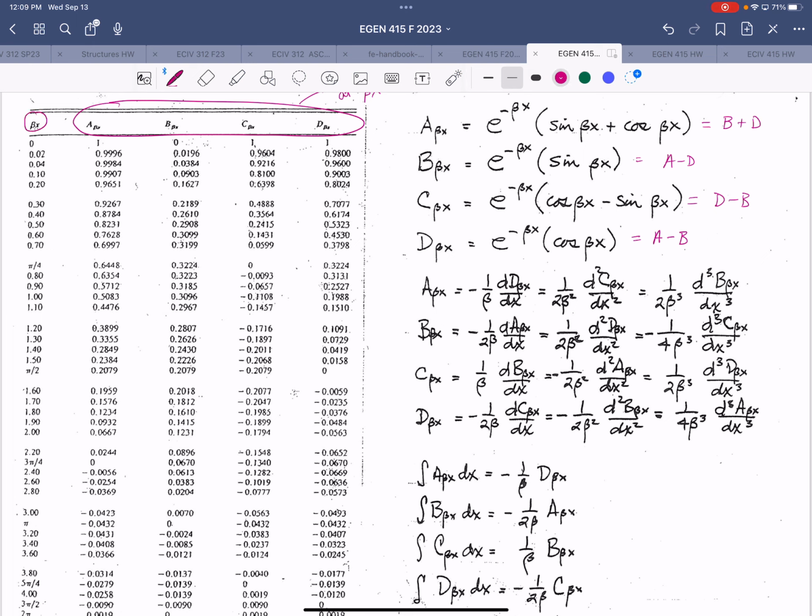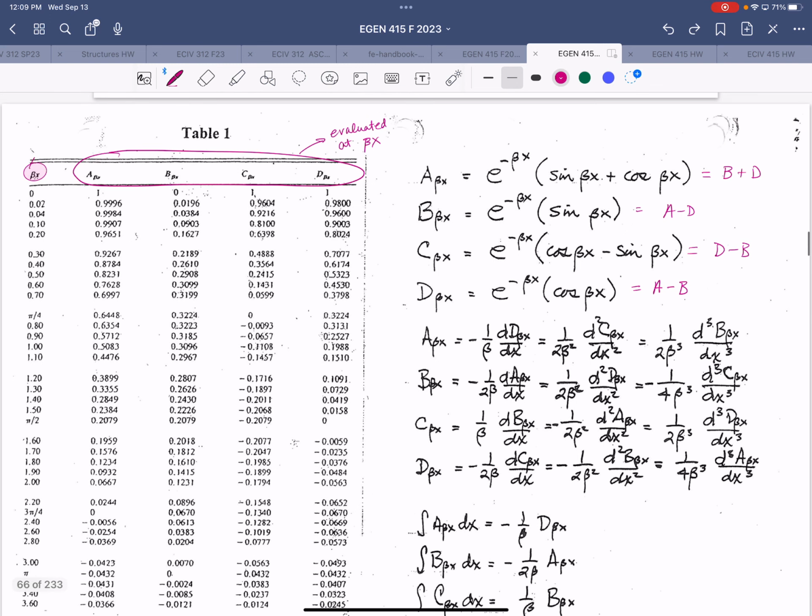So beta x, you enter that table with that product, and since beta, we defined it as having units of 1 per inch or 1 per millimeter, the product of beta times x has no dimension. So you would input that as radians if you were to plug it into these expressions, and that would get you the results here.